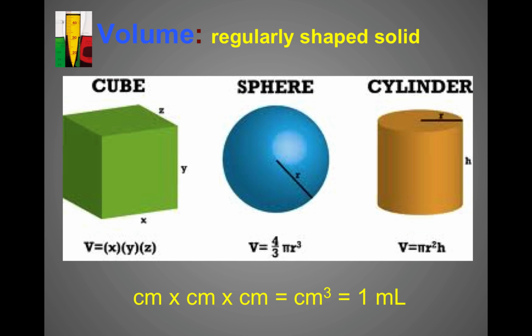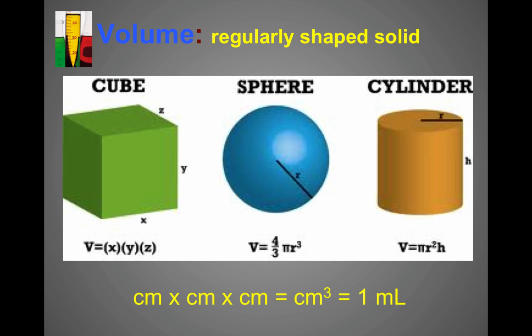Since we will be using length measurements to determine the volume of these solids, centimeter times centimeter times centimeter, in this case, our units for volume will be centimeters cubed. Now, it's important to know that 1 cubic centimeter is also equal to 1 milliliter.